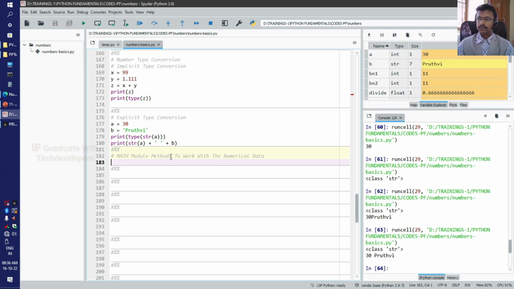Python has built-in methods to perform complex mathematical operations. So in order to use them, we need to import the math module first using the import statement. Import and then math.